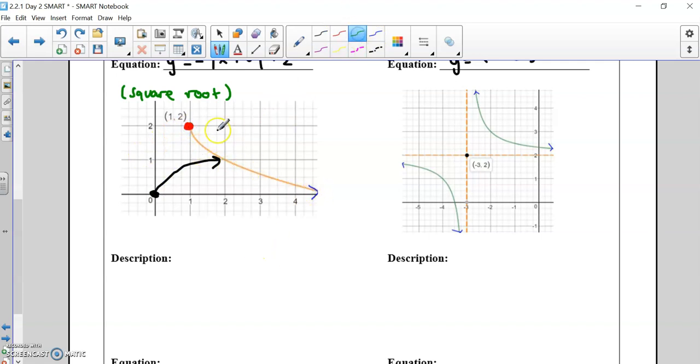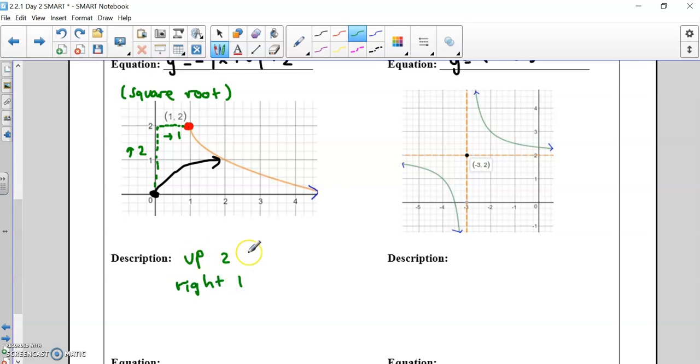So let's talk about what happened here. We started at 0, 0, we moved up by 2, and then we moved to the right by 1. All right, so we moved up 2, right 1.